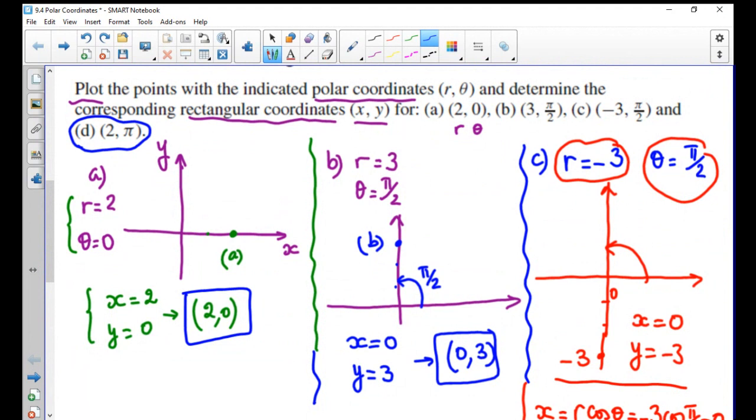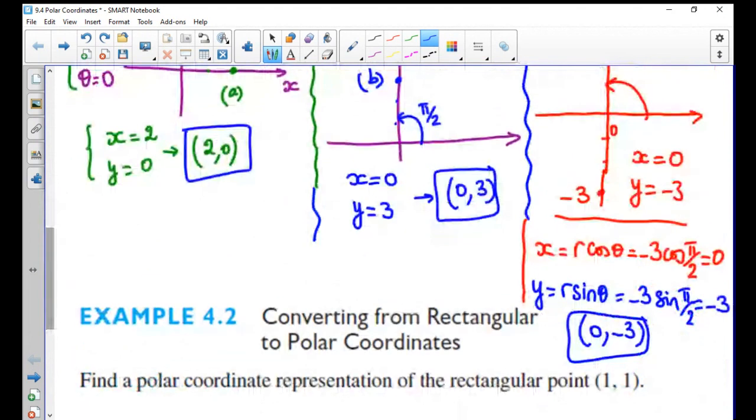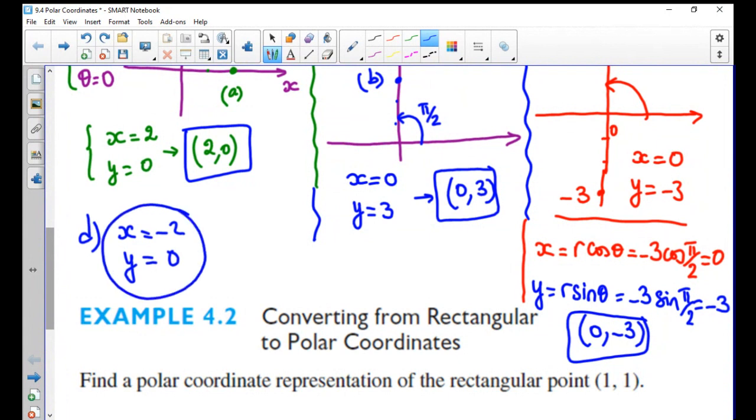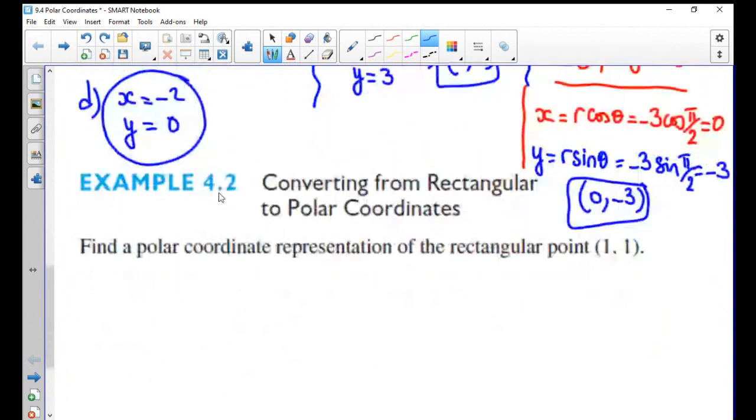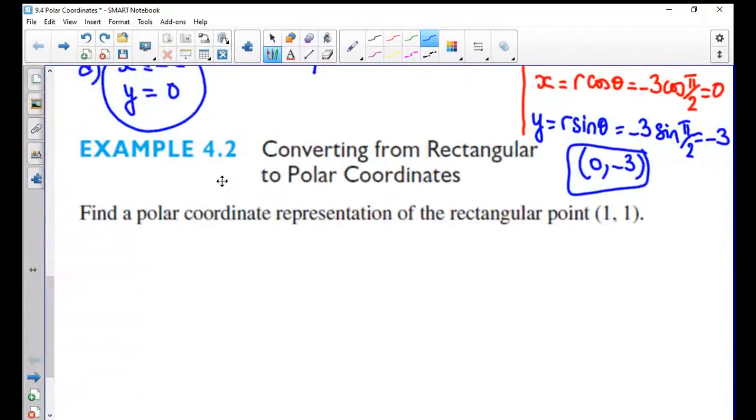So for D, I can just write, what do you think x will be? -2, huh? What is y? 0. That's it. You can check by using the rules, x equal r cosine theta and y equal r sine theta, like this.